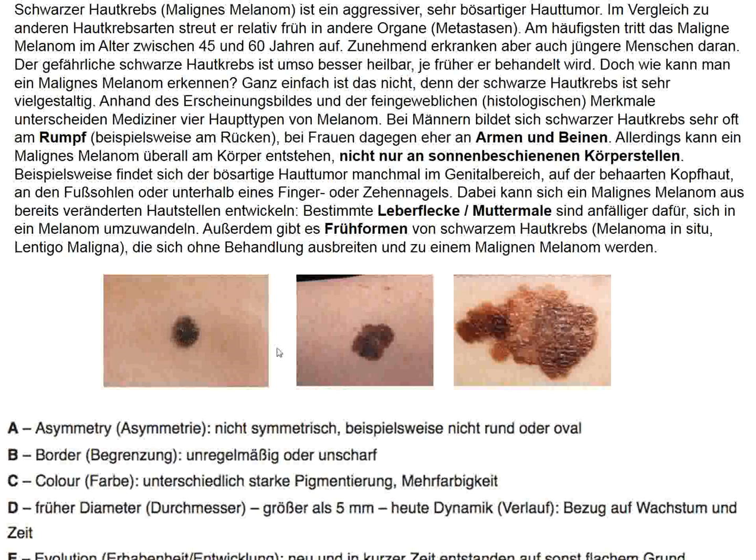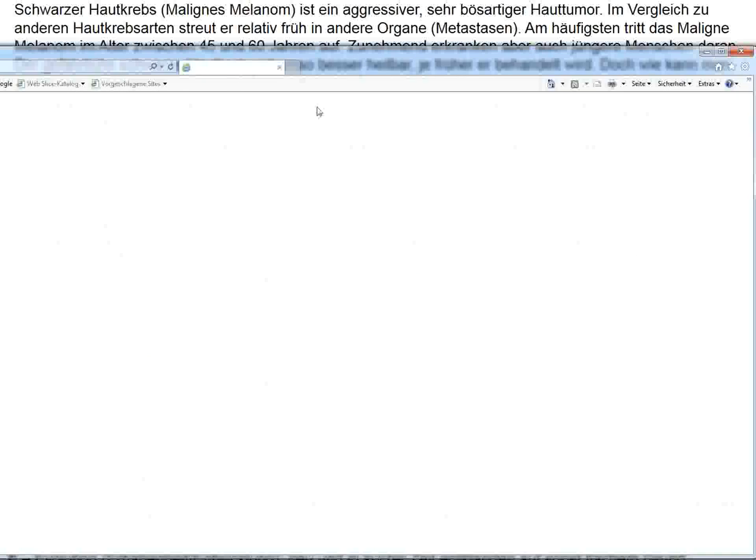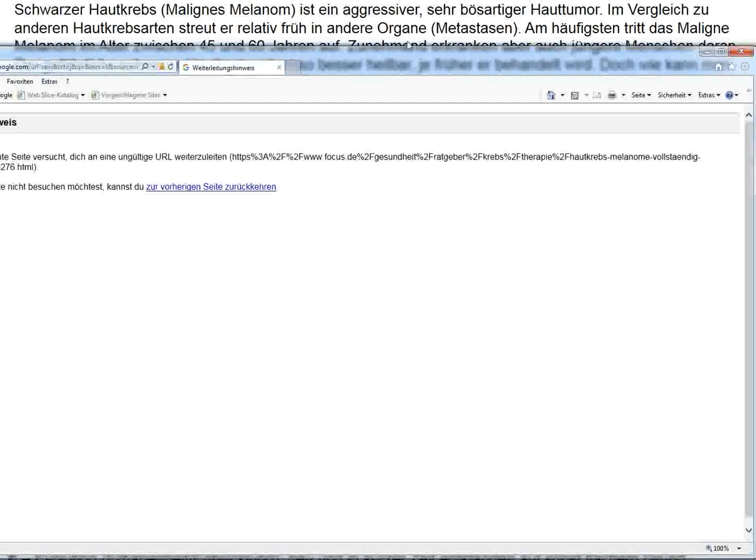This one's not so macular, but these two are. That's suggestive that probably a generous skin biopsy should be performed. So that's the topic. Oh, good God, what's this?